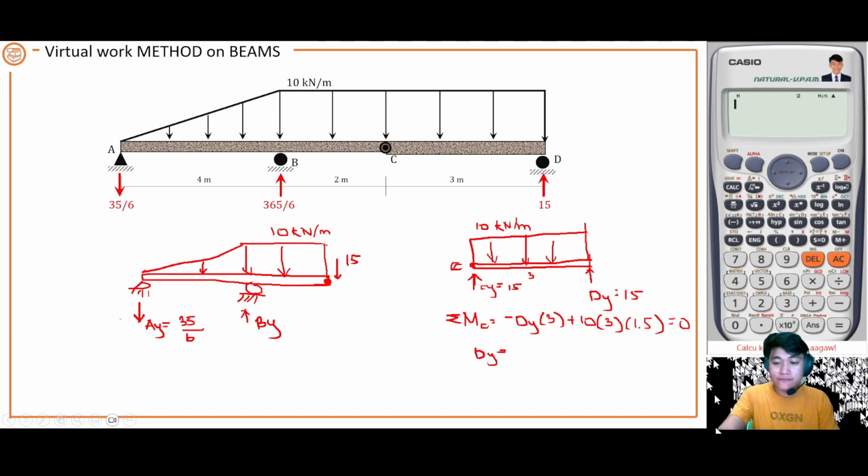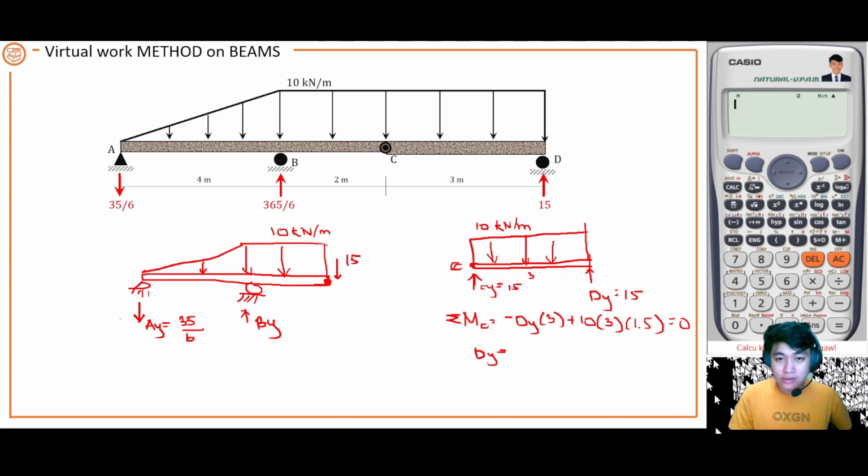By summing forces vertical, we can solve the value of By. So we have negative 35 over 6 minus 0.5 times 10 times 4 for the triangular load, minus the rectangular load 10 times 2, minus the concentrated downward load 15, plus By is equal to 0.